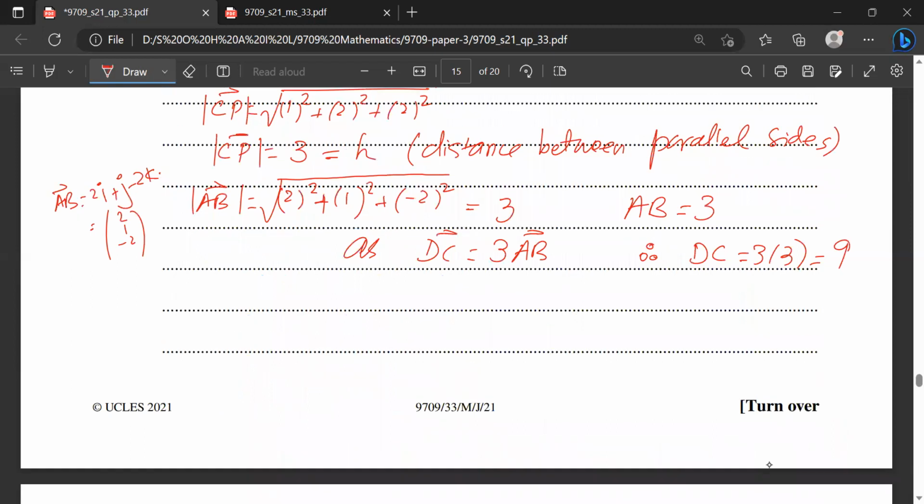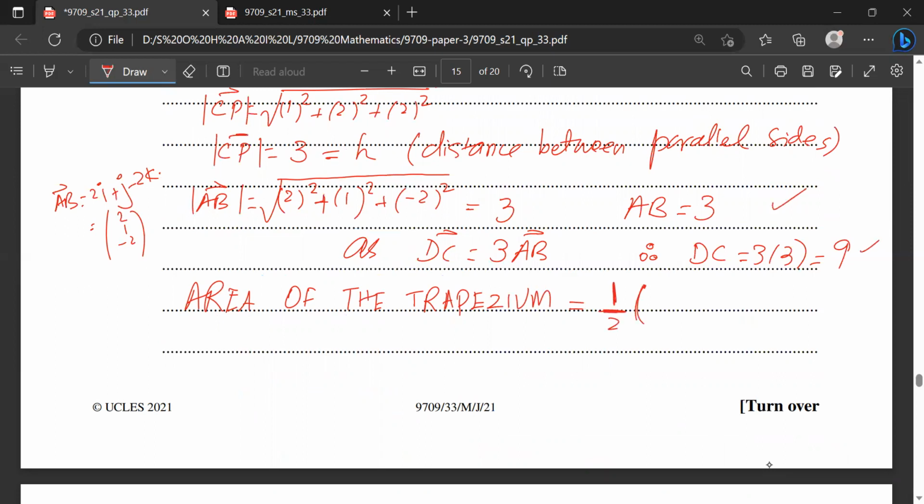The height is given between the two parallel sides. So finally, I can write the answer: find the area of the trapezium. It equals half into the sum of parallel sides.